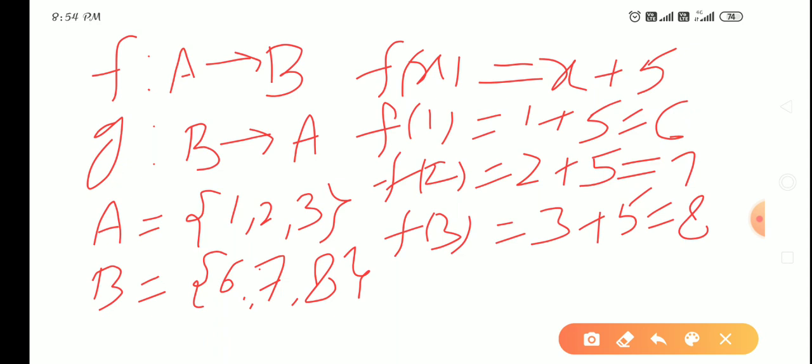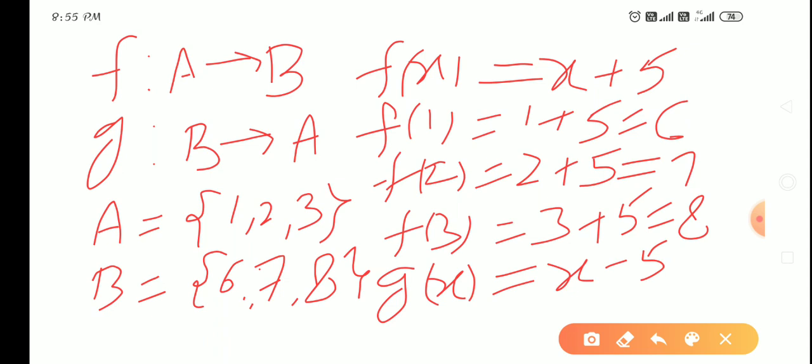Now what should be the condition? If we put values from set B, we should get the values of set A. So for this, if I take g in such a way that g(x) equals x minus 5, and I put this 6 here in place of x, 6 minus 5 equals 1, because the output of f I have to take as input of g, and I should get the input of f as output of g.